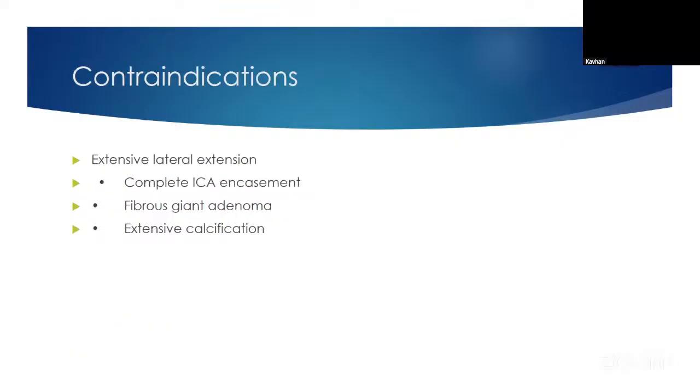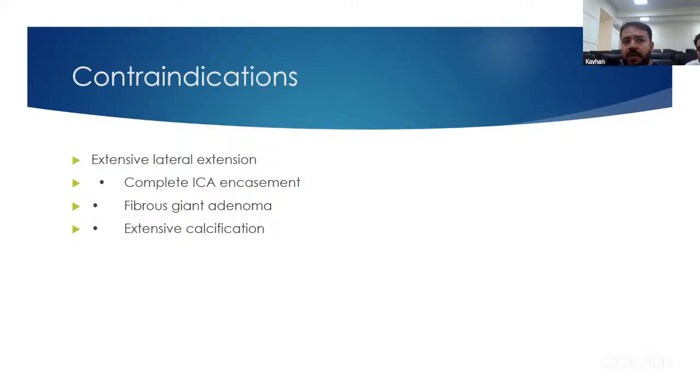What is the contraindication? We can do endoscopic endonasal surgery in all skull-based tumors, but it has very limited indication. The contraindications could be absolute and relative. Basically, if the lesion completely encases the ICA, bilateral or unilateral, and you cannot do any detachment of the tumor, this is not an indication for surgery.